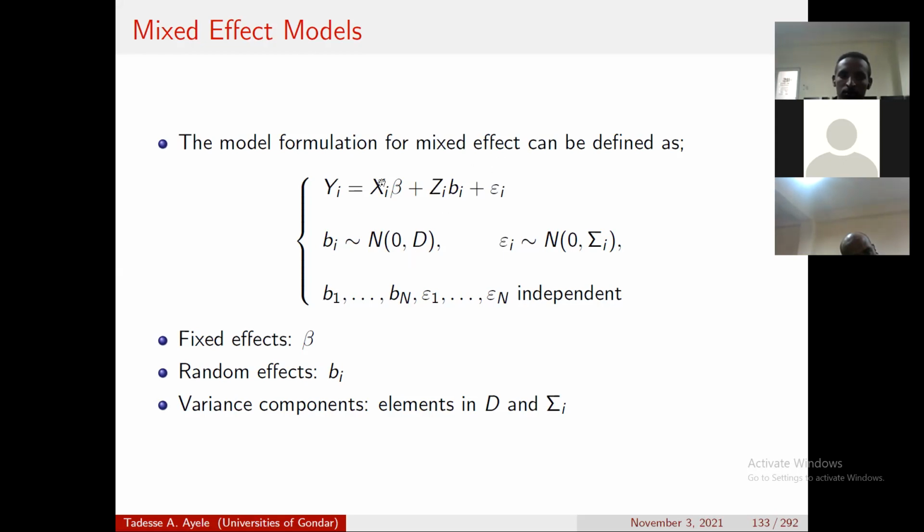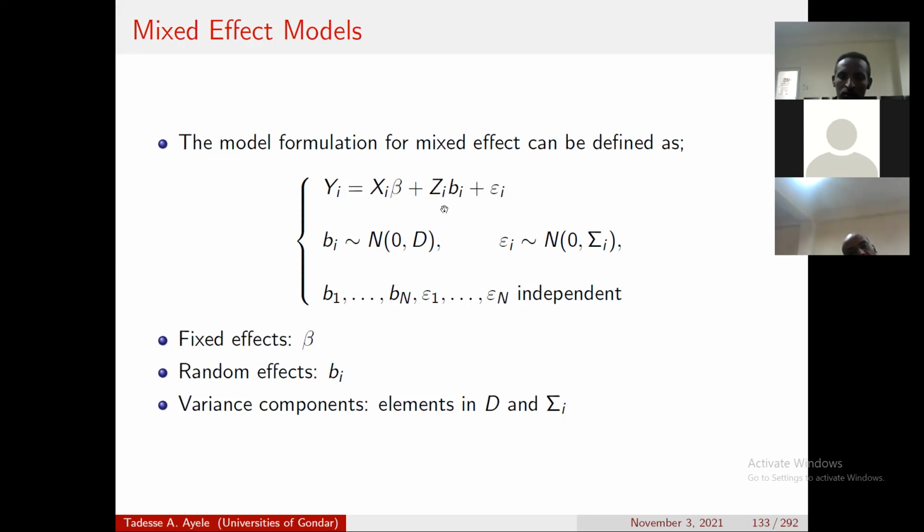So what are the model characteristics, or model features? As you saw, yi is the response variable, xi is the fixed effect variables, beta is the fixed effect coefficient, zi is the random effect variable, and bi is the coefficient for the random effect.